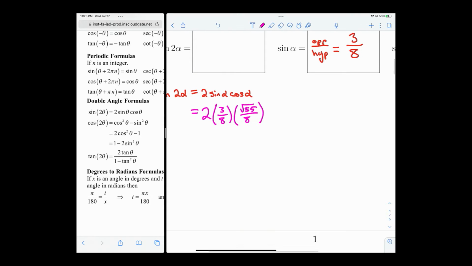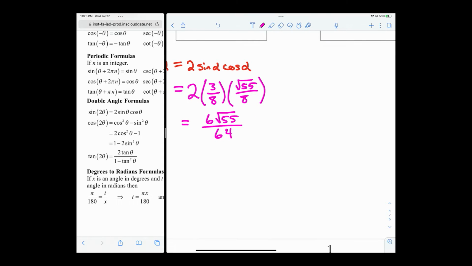So what we get here is on top, 2 times 3 is 6, square root 55 over 64. And you can simplify this a little bit, like you can cancel a 2, make that a 3, cancel a 2 there, make that a 32. Not a lot you can do there, but something like that.